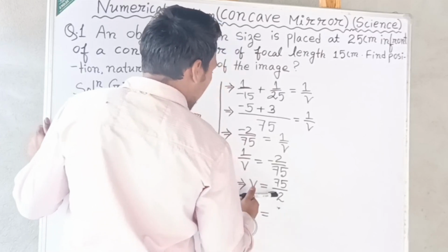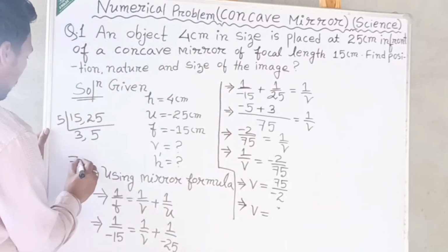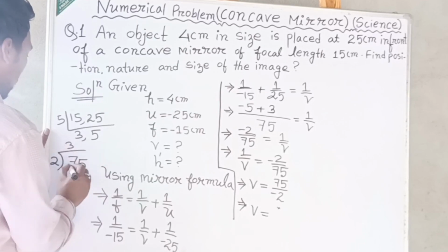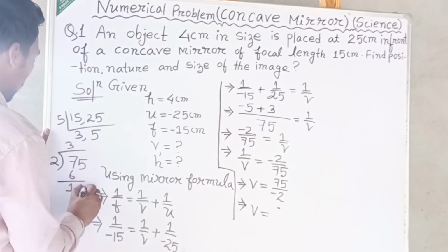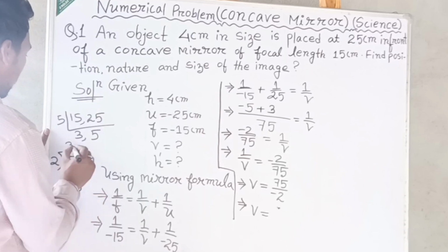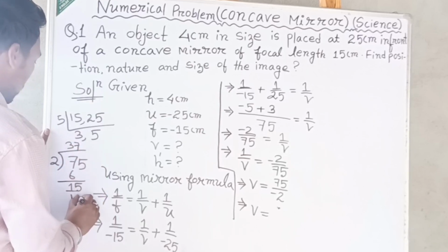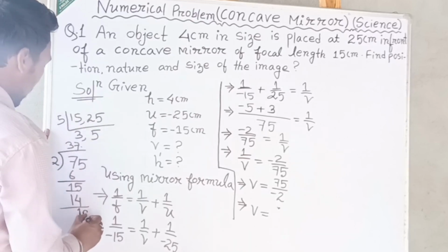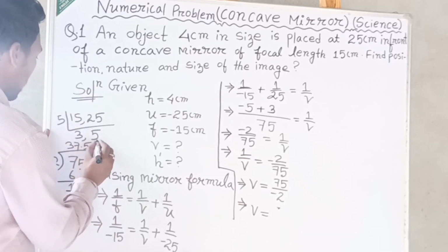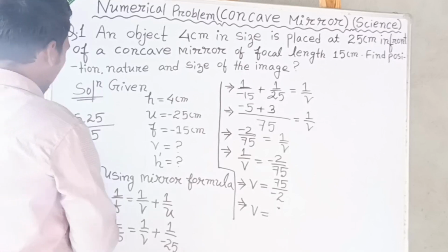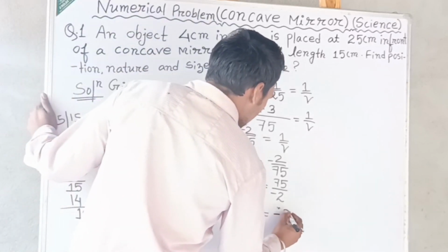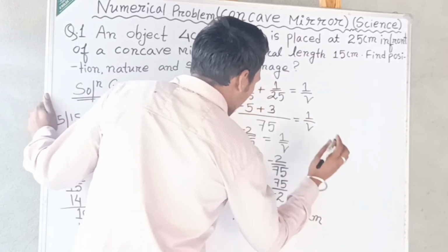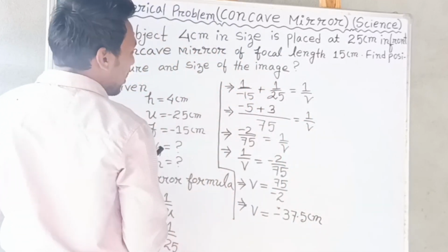Now v equal to, now divide this value. 75 you divide with 2. 2 3s are 6. Do minus 1. So bring this 5 down. 2 7s are 14. So the remainder is 1. So at this point you use the decimal, so bring here 1 0. So 2 5s are 10. So after dividing, I have got here minus 37.5 centimeter. So this is the value of v, means position of the image.